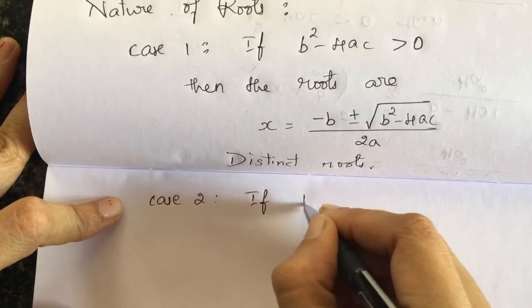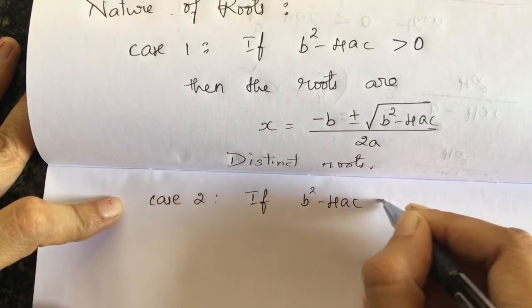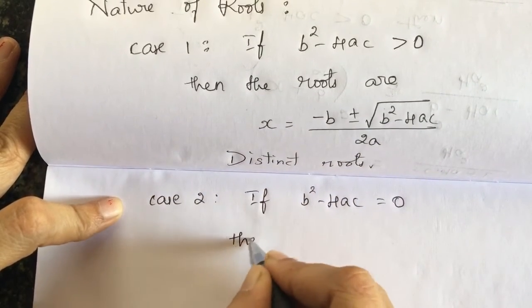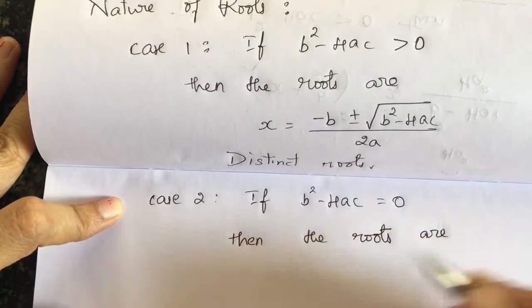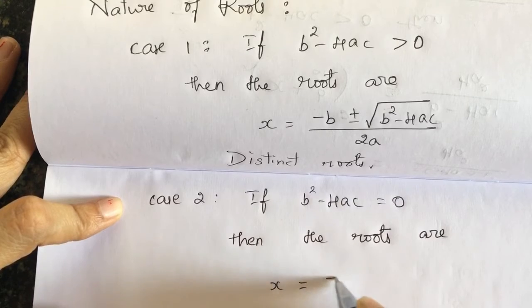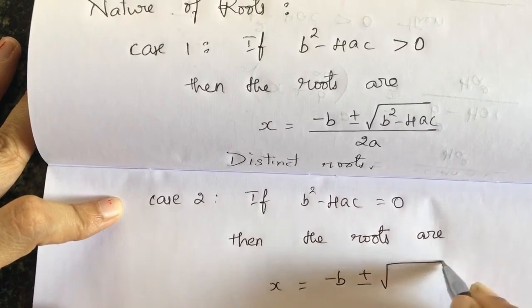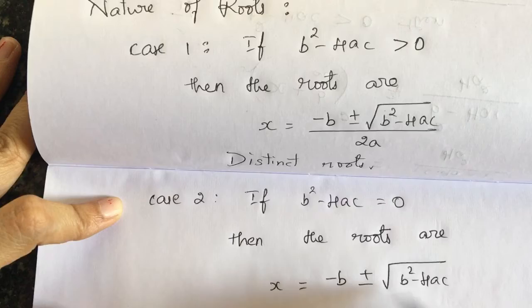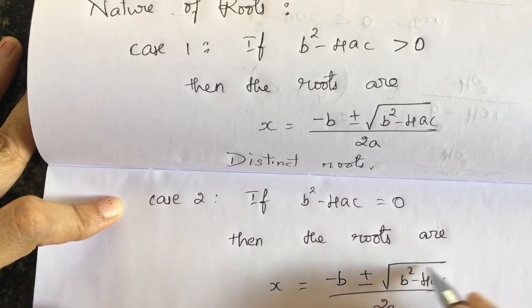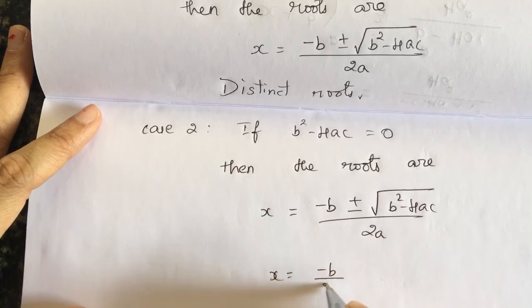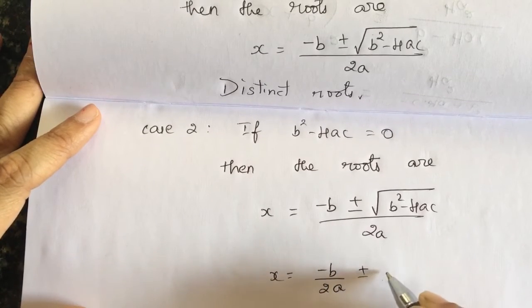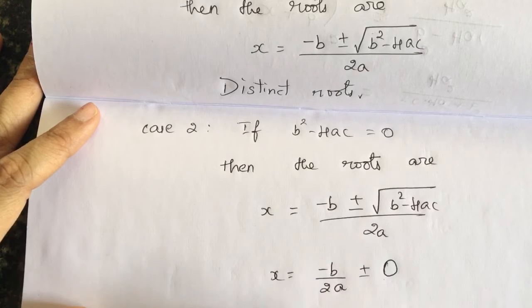If b square minus 4ac is equal to 0, then what happens? X equal to minus b plus or minus root of b square minus 4ac by 2a. Now this is 0. Therefore, x equal to minus b by 2a plus or minus 0. So x equal to minus b by 2a twice we have to write.